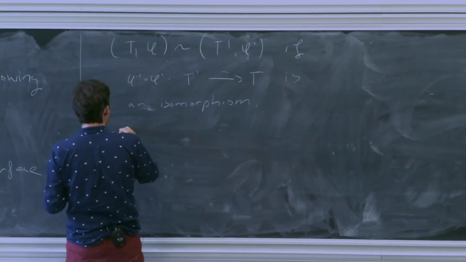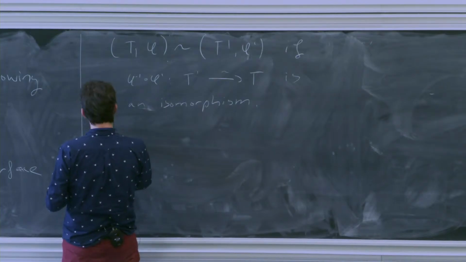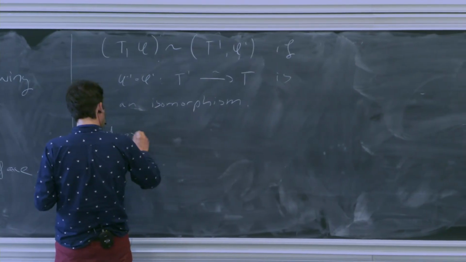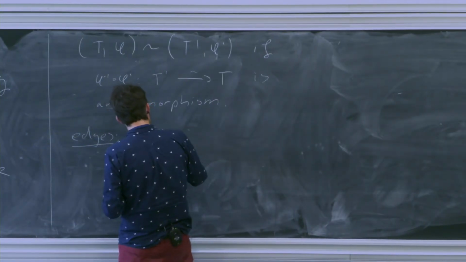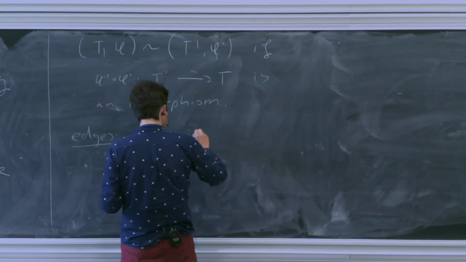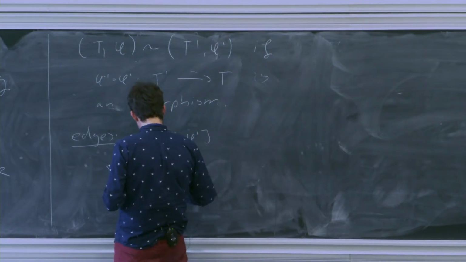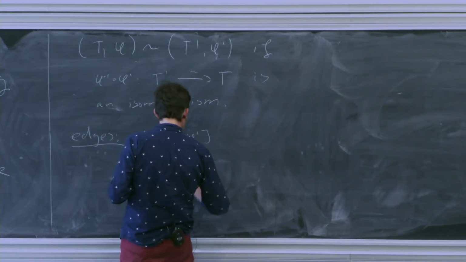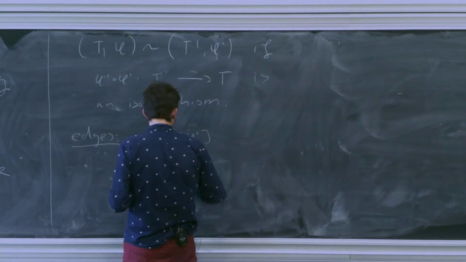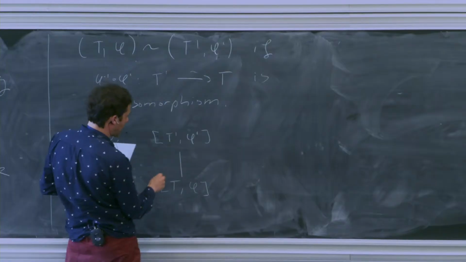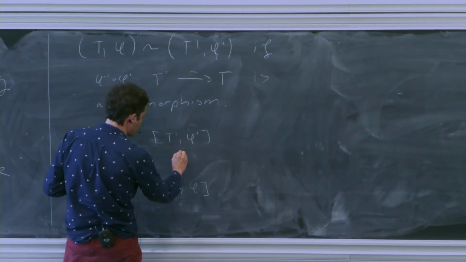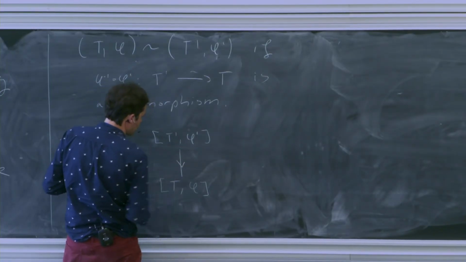Then we say what the edges of this complex are. If you have here a class, let's call it (T prime, phi prime), and here we have a class (T, phi), we connect them by an edge, and we also give this edge an orientation, in this direction.